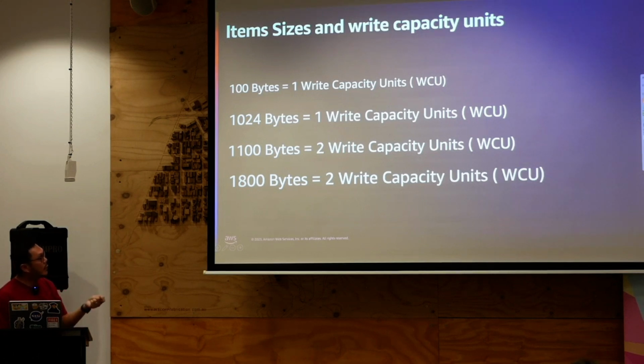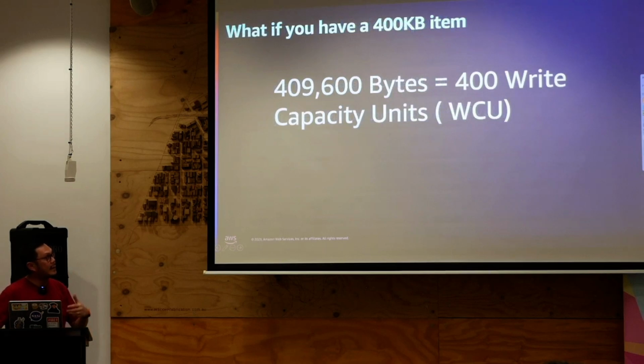If you write 1 kilobyte, we will charge you 1 WCU. 1,000 bytes, then it's 2 WCU. You just keep on incrementing. And the maximum item size is 400 KB. So if you're storing an item larger than that, then maybe don't use DynamoDB. We have S3 for that. You would probably use DynamoDB for the metadata, but store the actual content itself on S3.